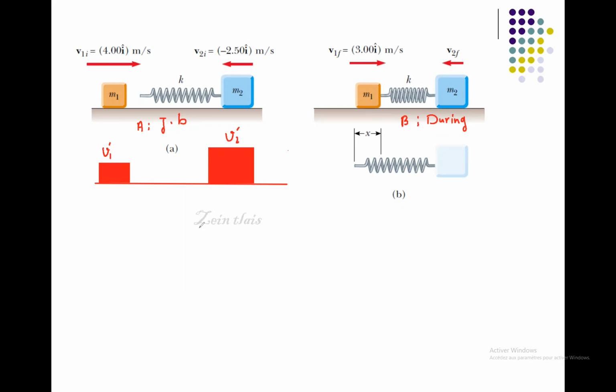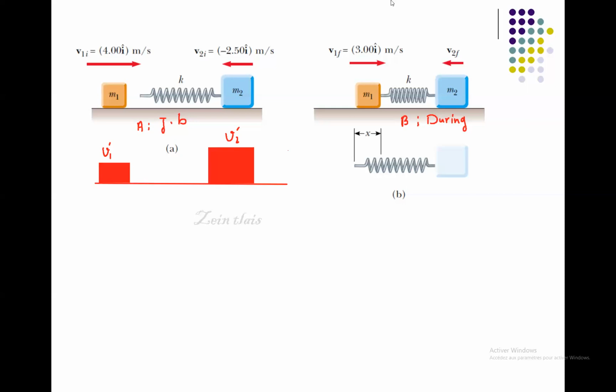In this case, we don't have a conversion to internal energy. We don't have one object passing through another, and we don't have one object colliding with another and continuing to move with a final velocity together. So as we don't have this internal energy, we can say directly we have an elastic collision.